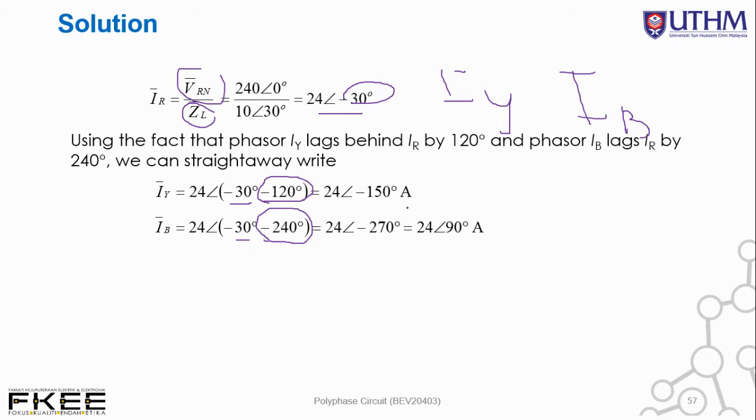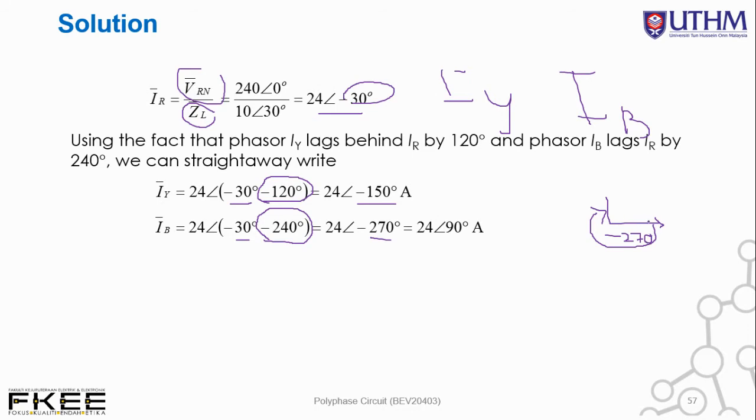As simple as that. So IY now has a new angle, as well as IB, which is minus 270, equivalent to 90 degrees in the upward direction, just to give you a clearer picture.